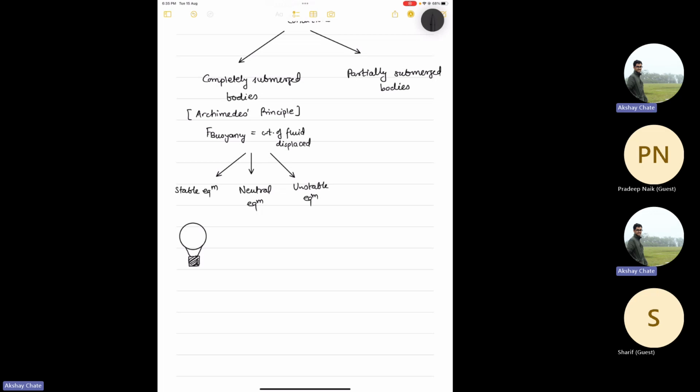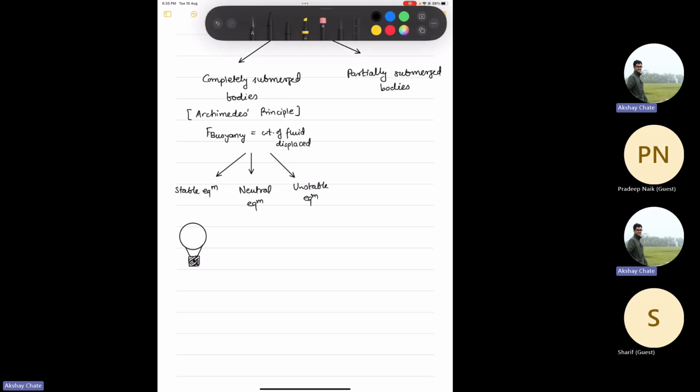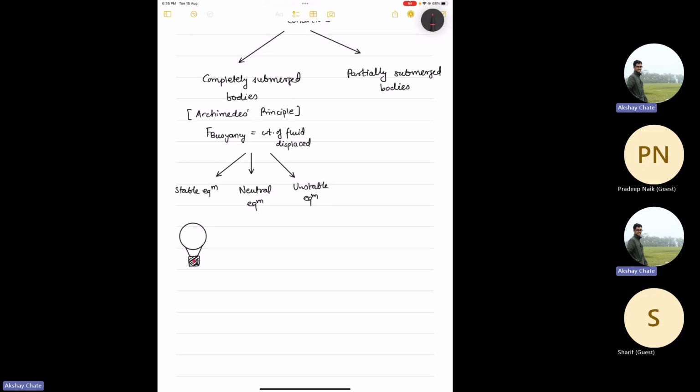Most of the mass is at the bottom part, because gas is very light, and other things like humans and the carriage weight, all things are at the bottom. So the center of gravity, which we represent by G here, will be towards the bottom. And since the whole balloon is submerged in atmospheric air, when it lifts off, it will also experience buoyancy force, because air is also a fluid, and we are studying buoyancy here for completely submerged bodies. So in that case, what happens?